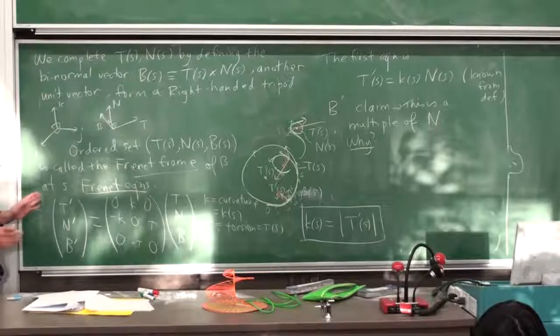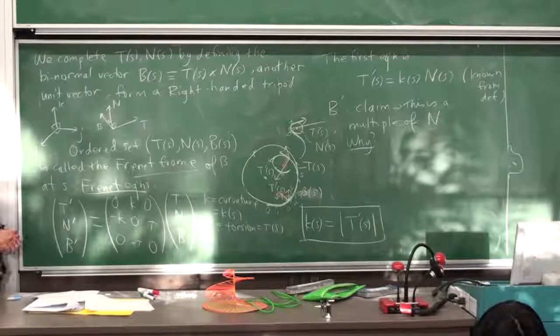Well, we're going to have to do some differentiation. So it's not immediately obvious that this thing is a multiple of N. There's a bit of an argument that's involved.